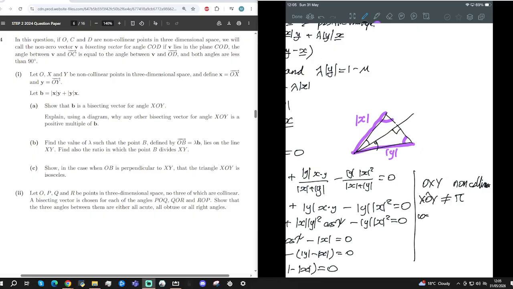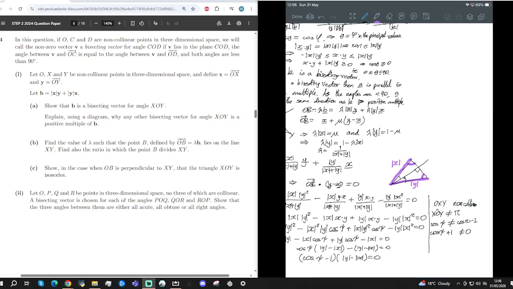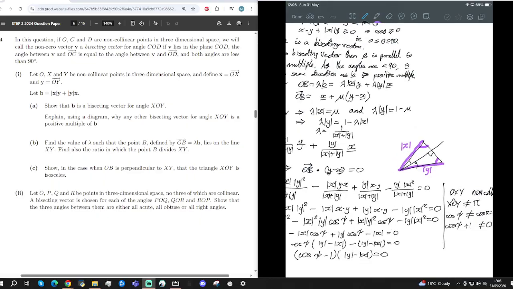So therefore, cos of this angle I've called psi is not cos pi, but cos pi is -1. So therefore, cos phi plus 1 is not 0. Oh, I've got a sign wrong over here.